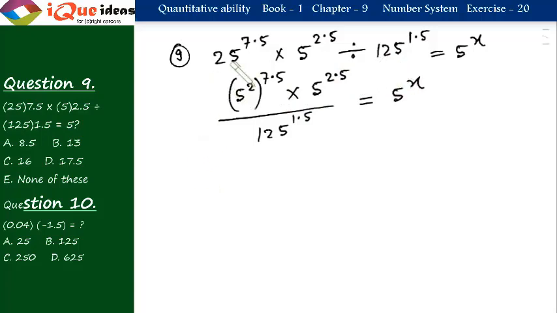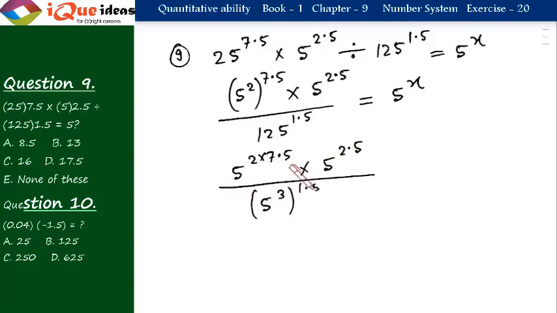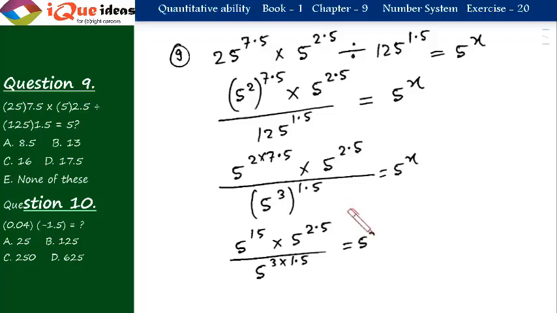Now this is 5 square to the power 7.5, so this power gets multiplied, so we get 5 to the power 2 into 7.5, into 5 to the power 2.5, and in the denominator 125 can be written as 5 cube whole to the power 1.5, and this whole thing is equal to 5 to the power x. That means we get 5 raised to the power 15 into 5 raised to the power 2.5 divided by 5 raised to the power 3 into 1.5. In the denominator also the powers get multiplied, is equal to 5 raised to the power x.